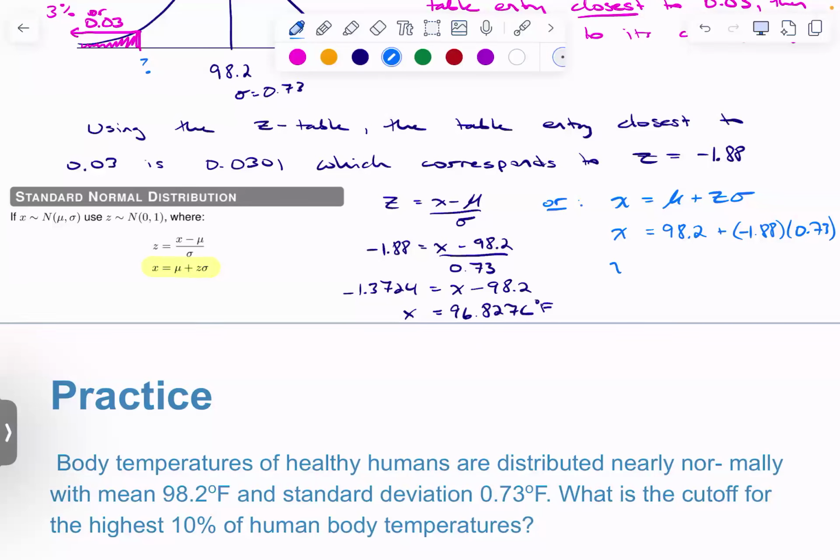So this is the same as 98.2 minus 1.3724, which is 96.8276 degrees Fahrenheit.